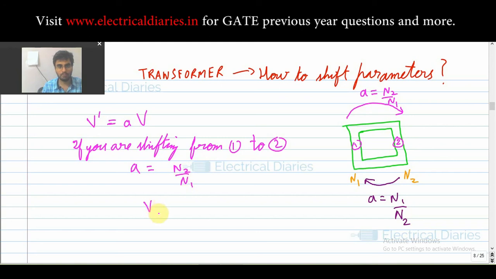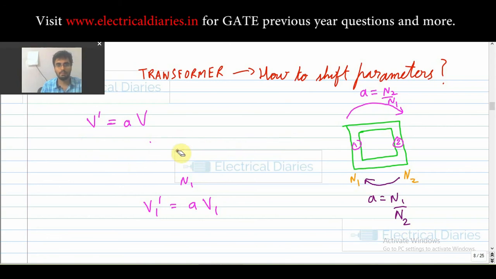So your V1 dash, that is the shifted primary side parameter, will be A times V1, where A is N2 by N1. Okay, that is how you have to analyze. Just remember this figure and these expressions, then everything will be clear. You don't have to be confused about turns ratio, transformation ratio and all those things. Okay, so V dash we have done.